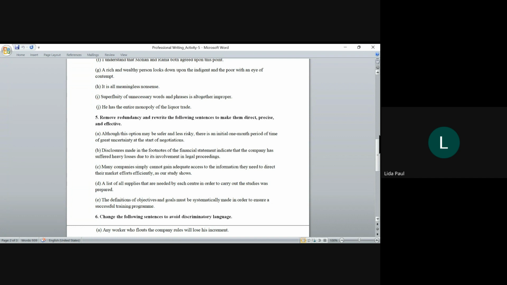"Cannot gain adequate access to the information they need to direct their market efforts efficiently." "Cannot gain adequate access to the information."